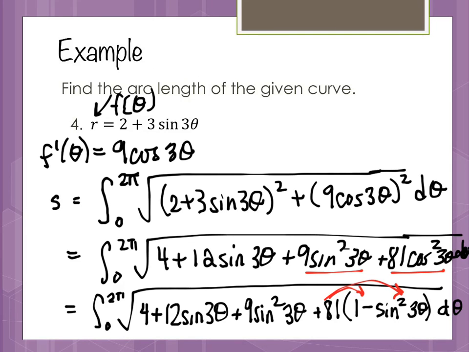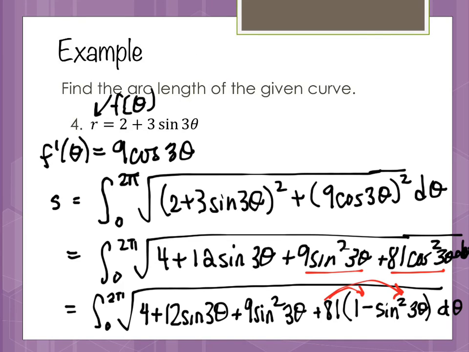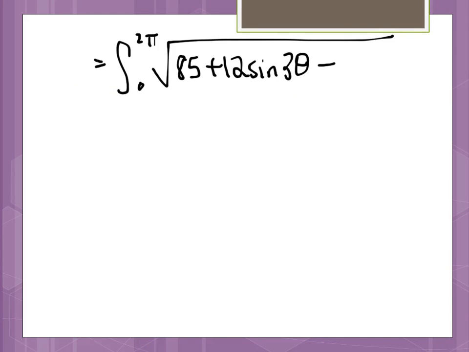And then I have plus 12 sine 3 theta. And then I've got 9 minus 81. It's going to be negative something. Negative what? 72 sine squared of 3 theta.